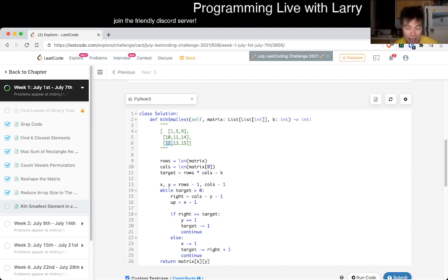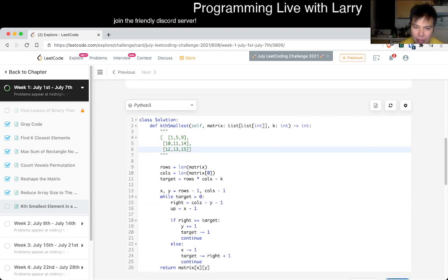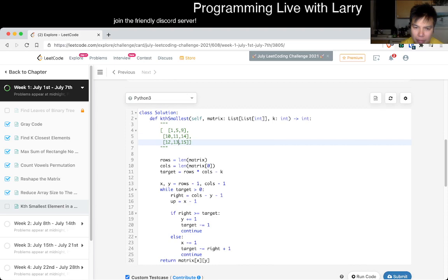Still thinking too much about binary search answers, but that will not get us to a linear solution. So, you can binary search in the last column now, but that's a little bit awkward as well to figure out how to eliminate stuff.